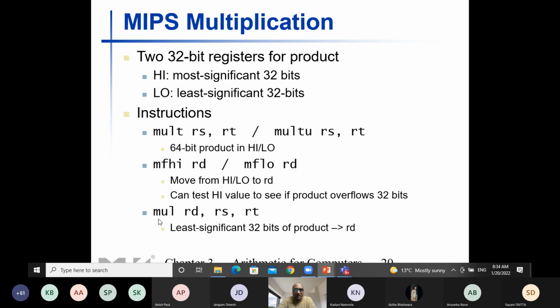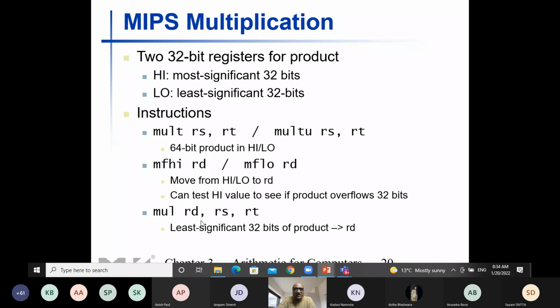There is another statement, mul rd, rs, rt, which is an R-format instruction, where rs and rt contain the multiplicand and multiplier, right? And the result will be placed in rd. But again, this is a 32-bit register, while the result is 64 bits, maintained by the pair of registers high and low.